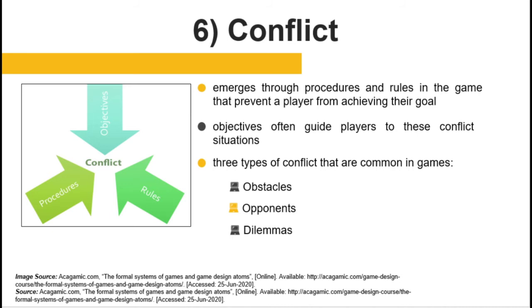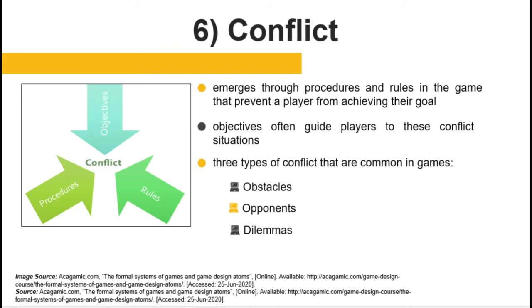Physical obstacles could be the length of your pinball flippers or the bumpers that the ball bounces off. Mental obstacles can be a missing item to complete a riddle in an adventure game or the challenge of calculating the right numbers in Sudoku. Opponents, the other players in the game, or computer-controlled enemies.